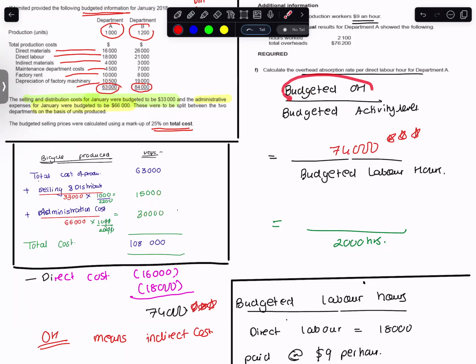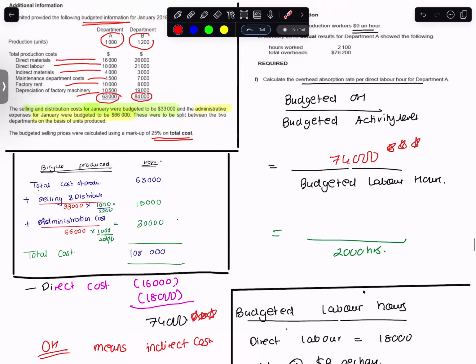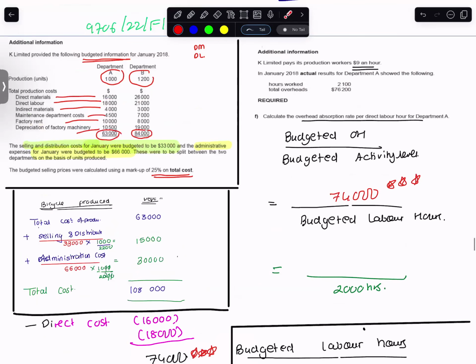So budgeted overheads divided by the budgeted activity level, budgeted overheads is 74,000. Now budgeted activity level is the budgeted labor hours, correct?